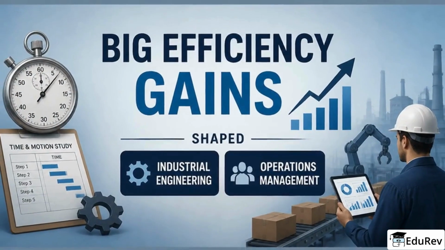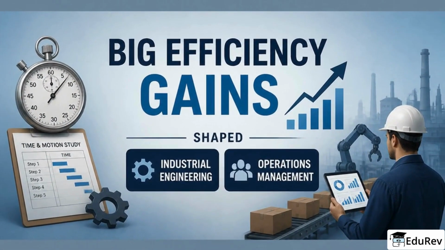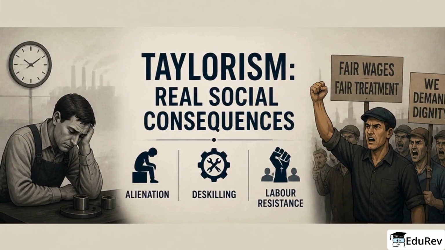These methods brought big efficiency gains and shaped disciplines like industrial engineering and operations management. But Taylorism had real social consequences that UPSC questions often probe: alienation, de-skilling, and labor resistance.